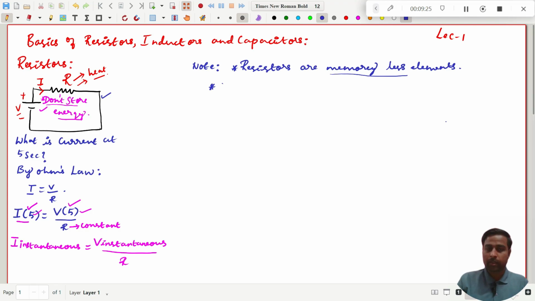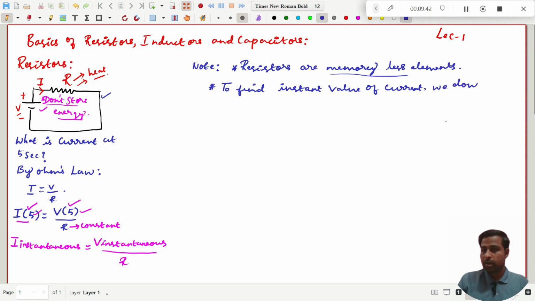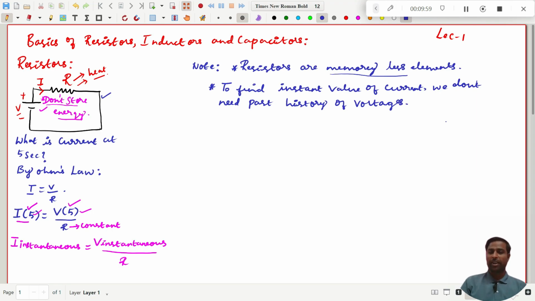Second point: to find the instant value of current, we don't need the past history of voltage. These 2 points are very important.